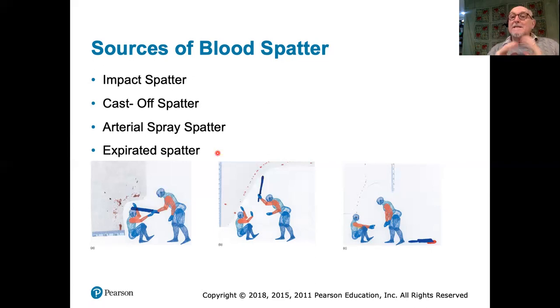Arterial blood is being moved by the powerful beating of the heart, at relatively high pressure. So with a severed artery, blood will fly out in a jet and produce characteristic arterial spray. Expirated spatter is much more passive. It's from breathing out and carrying droplets away and producing spatter. Both of these come from the physiology of the victim.